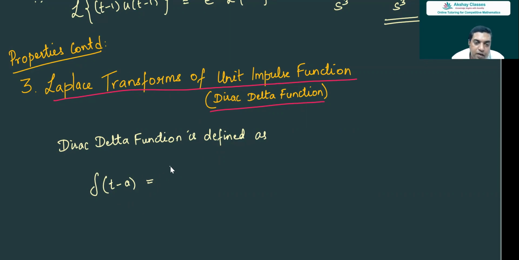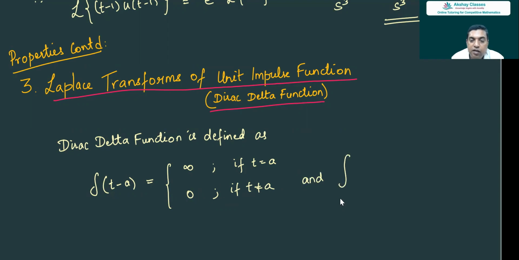It tends to infinity if t is equal to a, and it is 0 for all other values of t. And very important, integral of 0 to infinity of the Dirac delta function with respect to t is equal to 1.